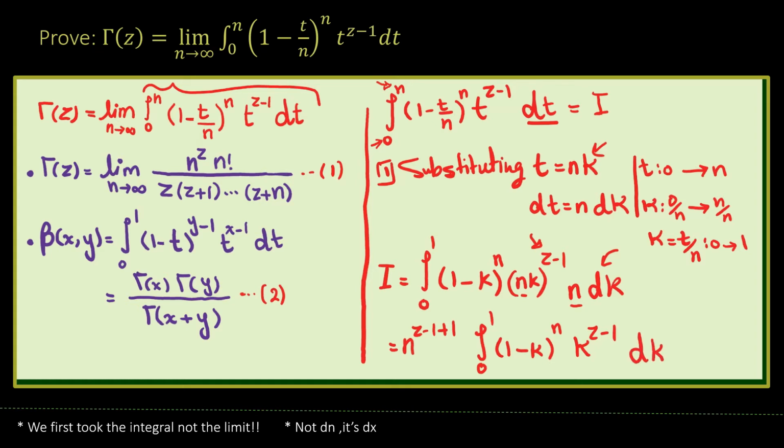And this integration can be solved in two ways. The first method, we can just apply the definition of beta function in the integral form, or we can integrate by parts n times.